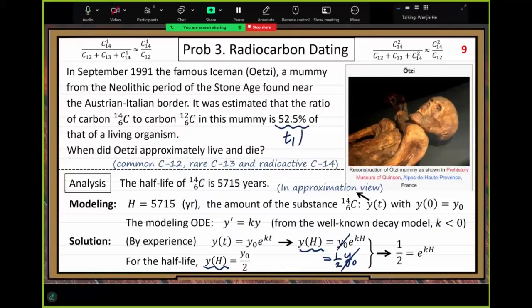At this T1 point, that ratio is 52.5%, which is very close to 50%. And 50% corresponds to the half-life. So this time point is very close to the half-life.